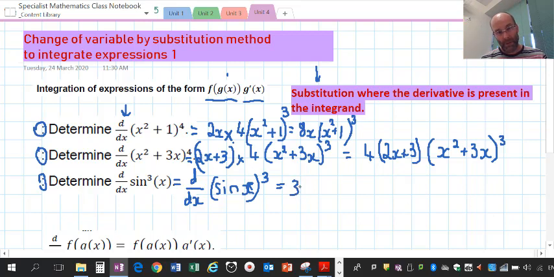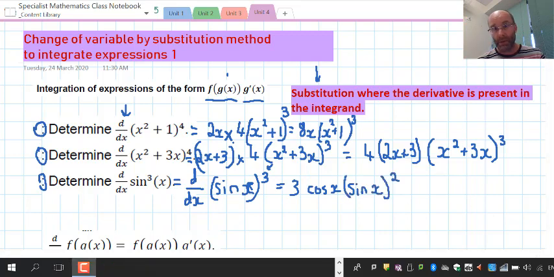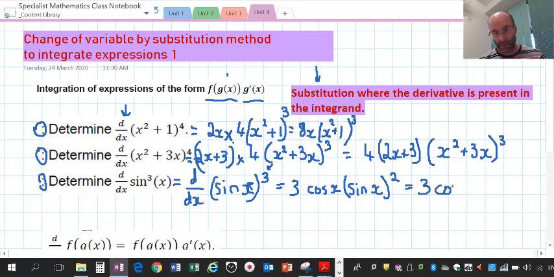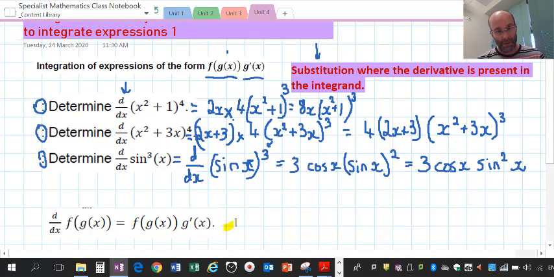We've got 3 can be brought to the front, and the derivative of sine is cos x, and we've got sine x all squared, so we've got that there.